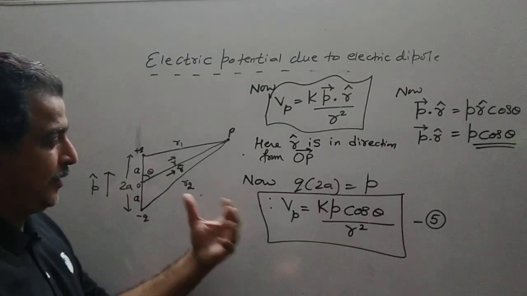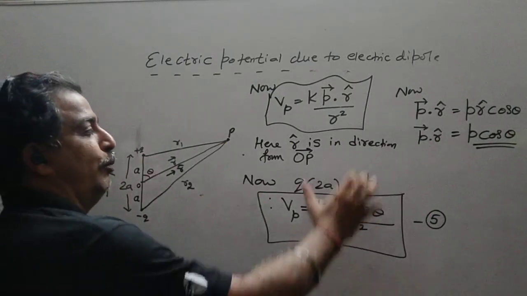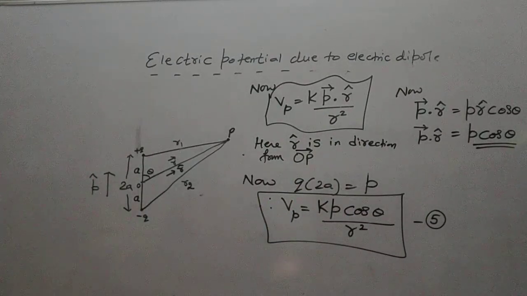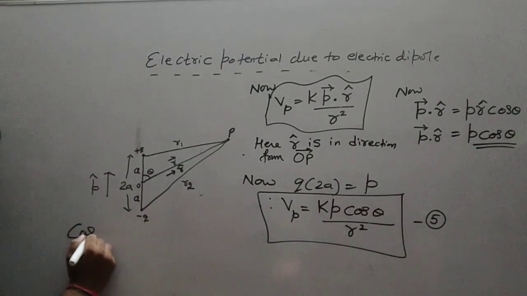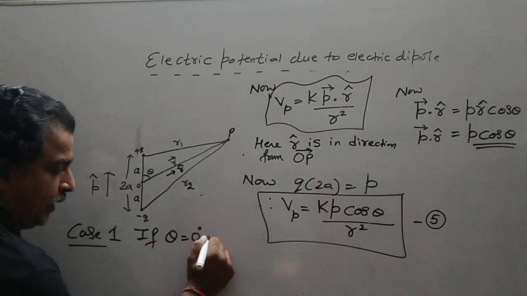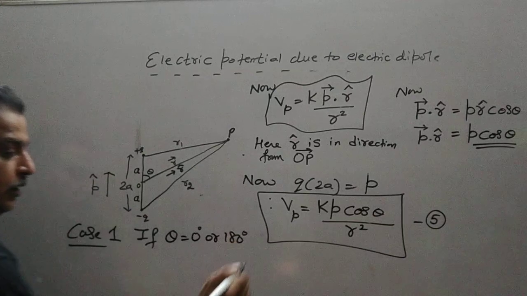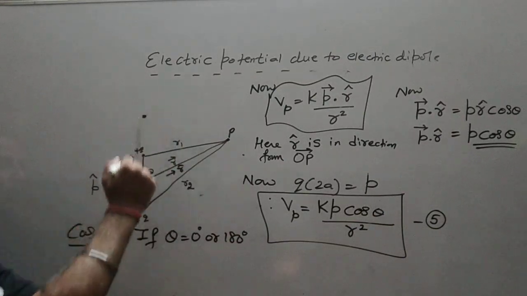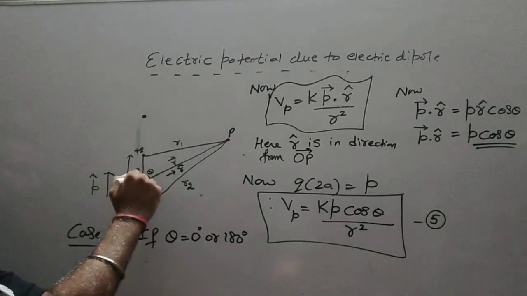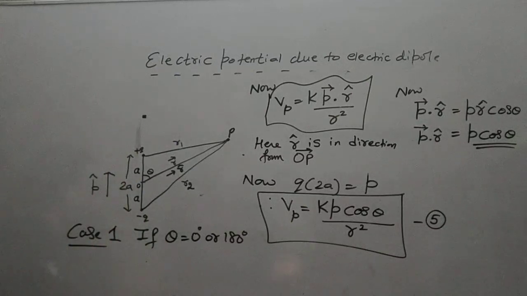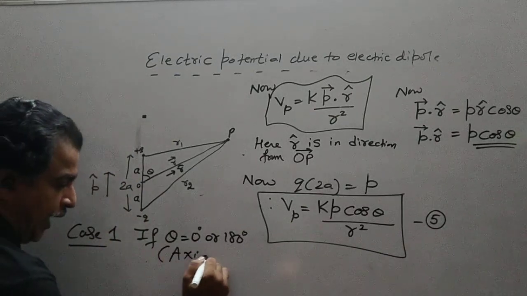Now let us consider the cases. We have these two forms of the equation. Now case 1: if theta is equal to 0 degree or 180 degree, it means point P is at this position or at this position, so it becomes 180. In both cases, it is an axial point.